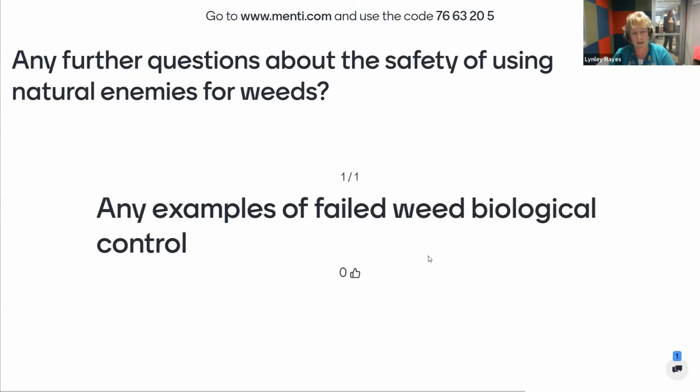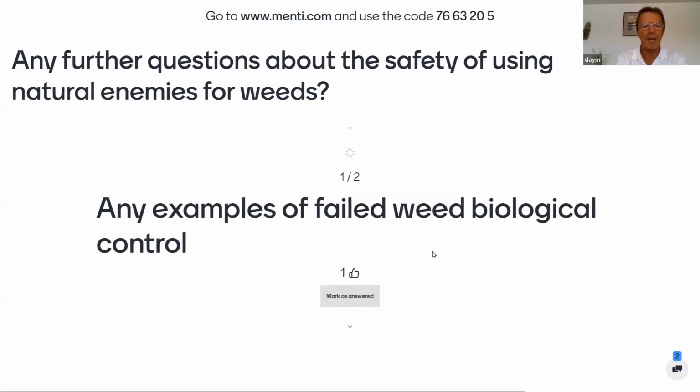Question: any examples of failed weed biological control? Yes, there are. Michael mentioned this the other day. Michael, do you want to just answer that question again? Yeah, there's been a number of projects where biocontrol hasn't worked as much as we would like. This doesn't mean the agents have attacked anything else.